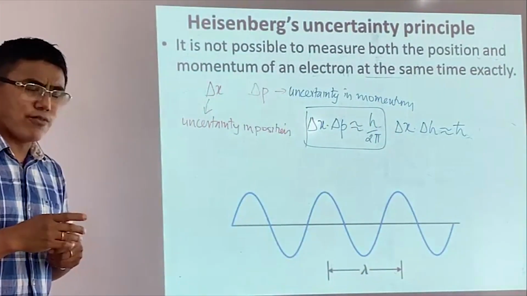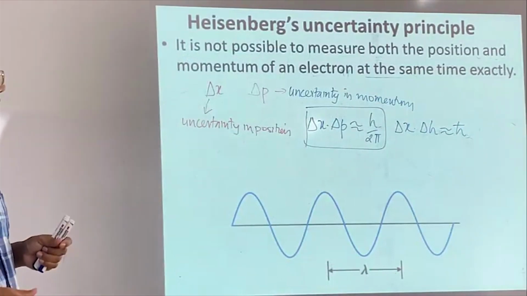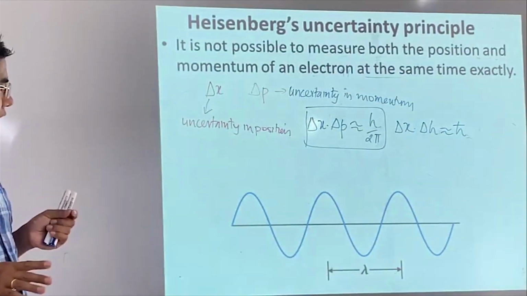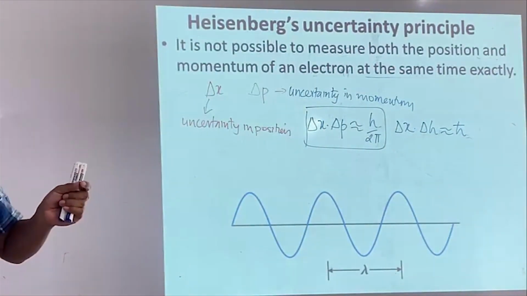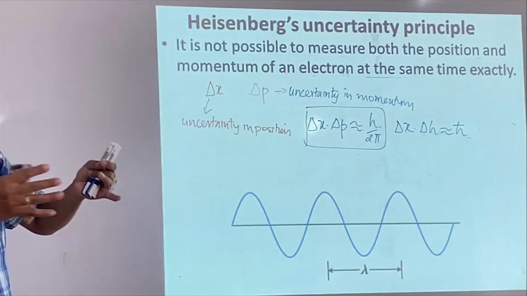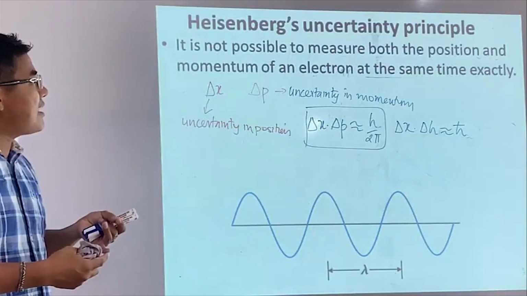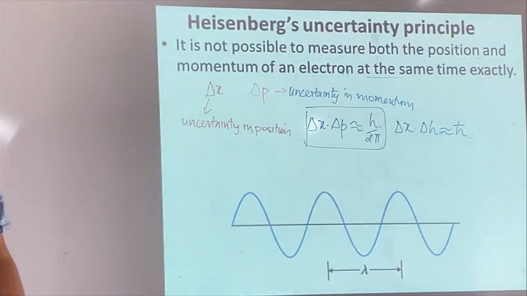So this is one very important point. Now we would like to combine the Heisenberg uncertainty and the de Broglie wave equations.